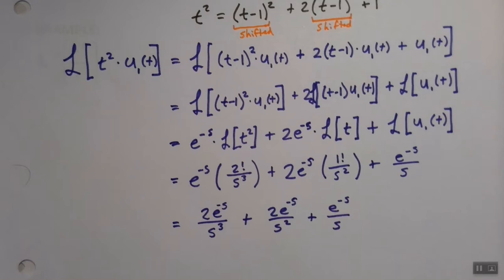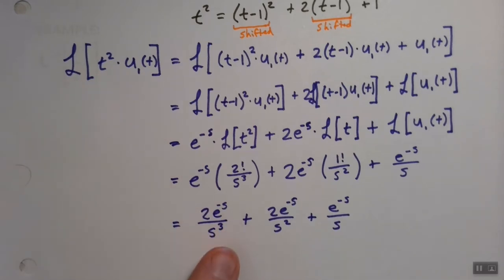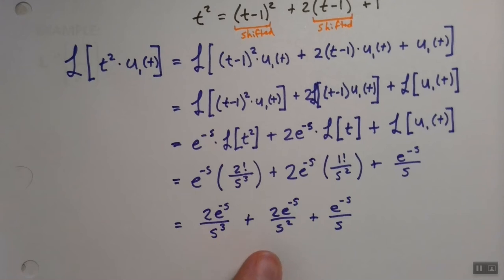Now, if you notice the pattern here, we have s cubed, s squared, and s to the first power in the denominator. And that's not a coincidence, since we were taking the Laplace transform of a t squared.